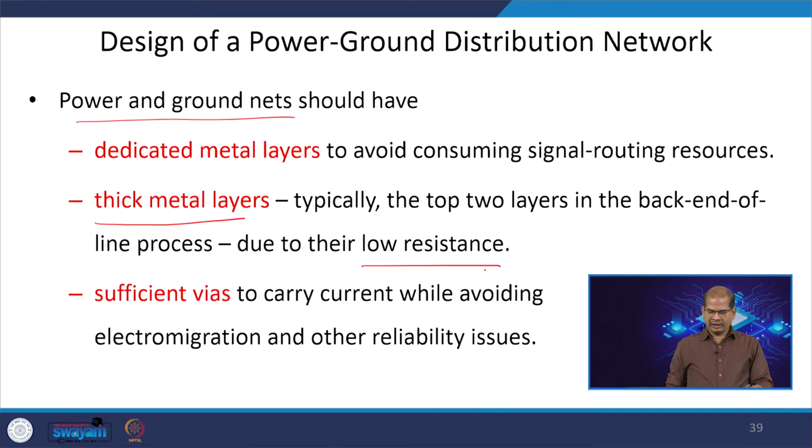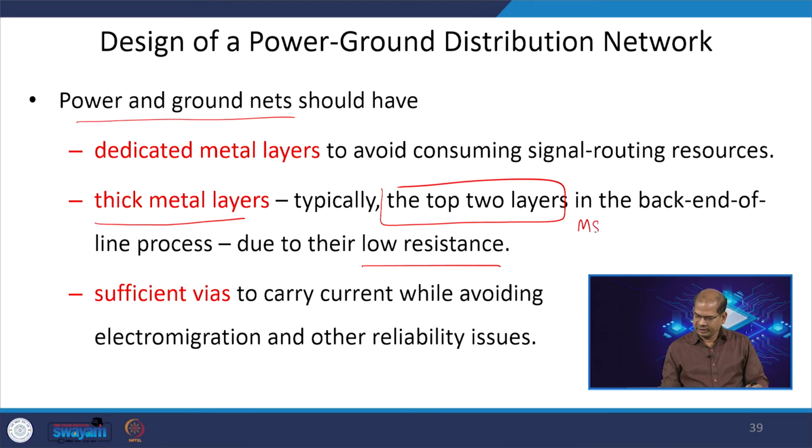These thick metals are used from the top level layers. Let us say I have a process which has up to metal 8. So, metal 8 and metal 7 are used for your VDD and ground, where the top level metal is metal 8.